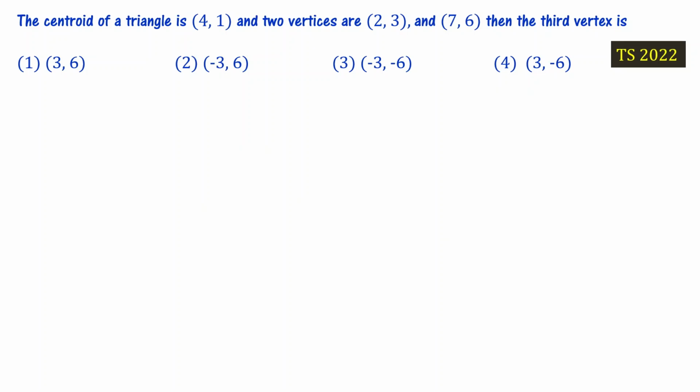The centroid of a triangle is 4, 1 and two vertices are 2, 3 and 7, 6.